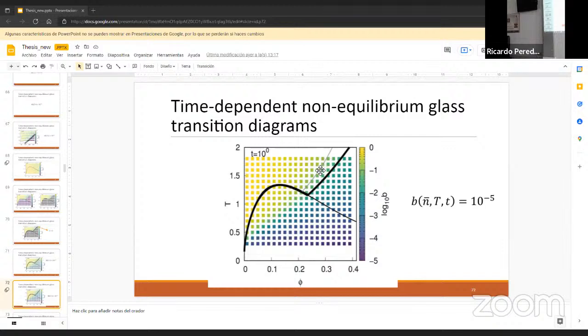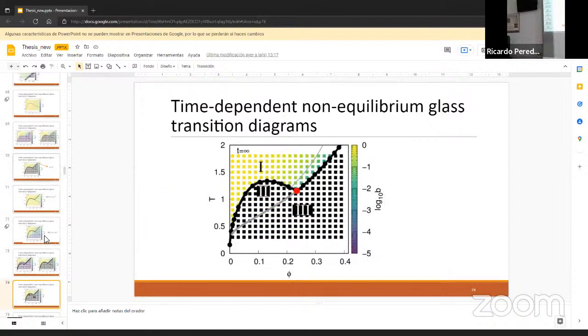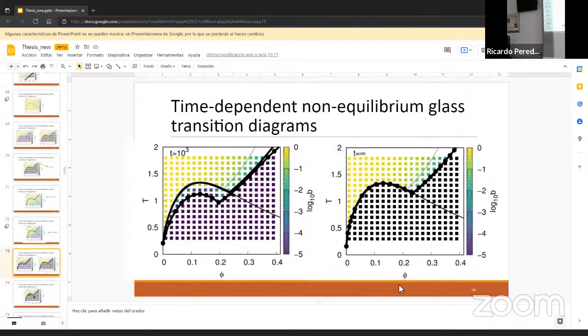So you can end up following such a line inside the transition for different states, just like we were following b equals 10 to the minus 5, you can follow b equals 10 to the minus 1. And you end up following the equilibration towards freezing outside the spinodal line.